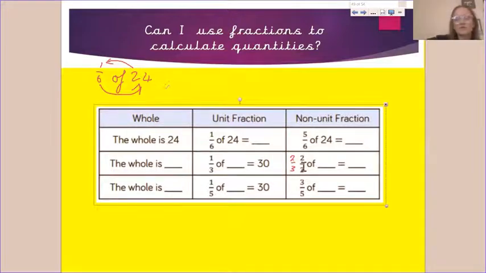So if we divide 24 by 6, we get an answer of 4. 4 times 1 is 4. So 1/6 of 24 is 4.